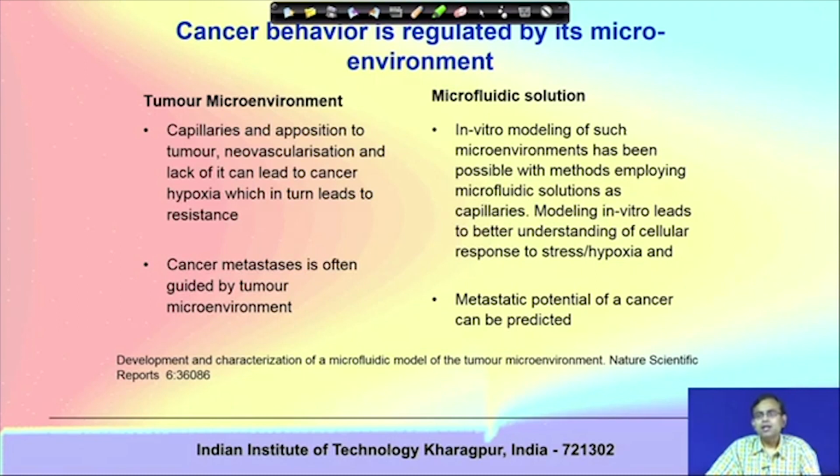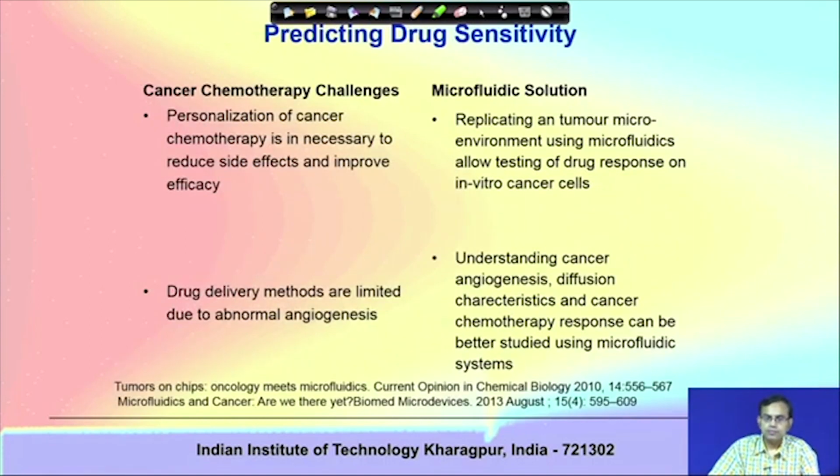Using the understanding from what happens in the in vitro device, it is possible to make a decision on the stage of cancer by using one drop of blood from the patient, and using this, the metastatic potential of cancer can be predicted.